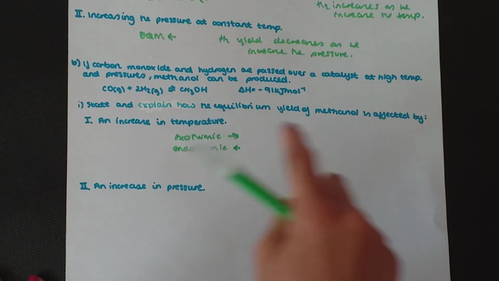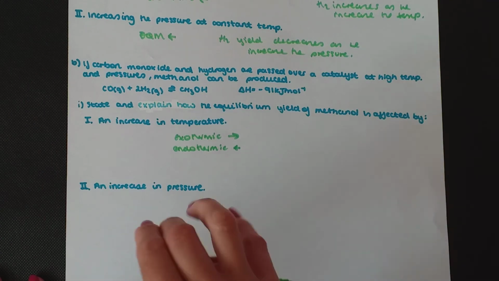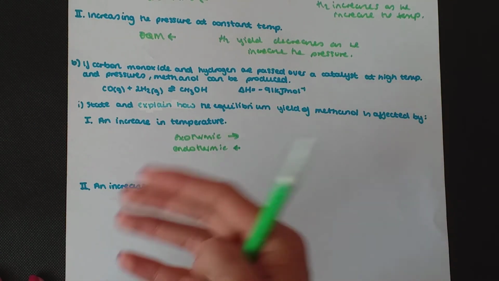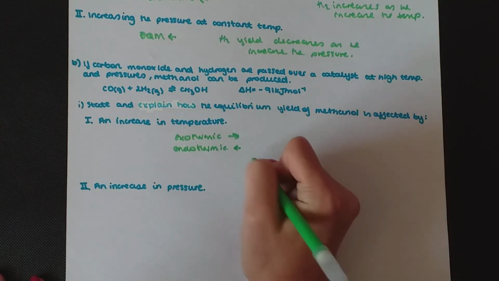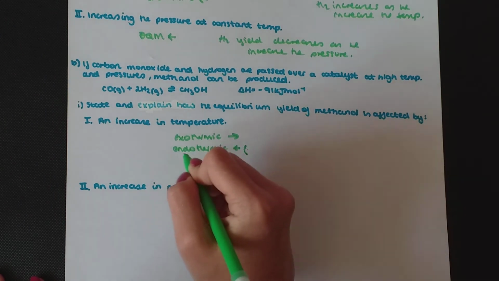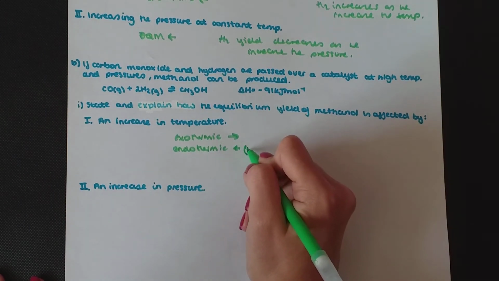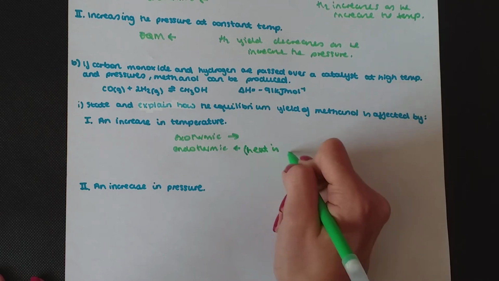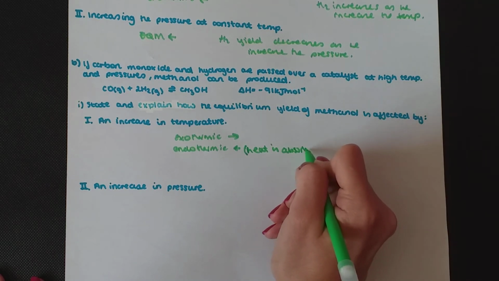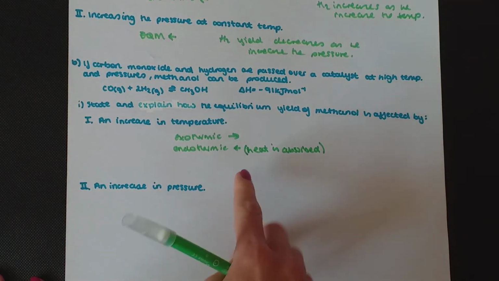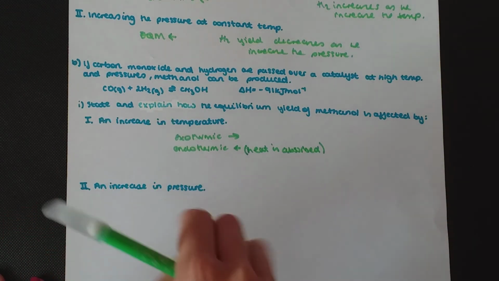If we increase the temperature, that means the equation again will want to use up this heat, and it uses it up when undergoing the endothermic reaction. So because the heat is absorbed, the endothermic reaction is going to the left.